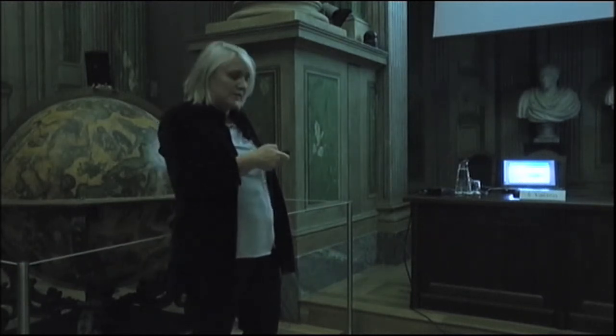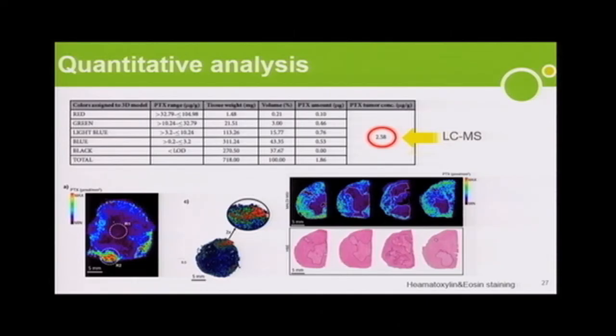We also compared the data with simple LC-MS analysis that we saw before, the typical pharmacokinetic analysis that we normally make by homogenization of the solid tumor. And we can say that we obtained quite the same quantity, but the data obtained with this simple approach will not say anything about the distribution.